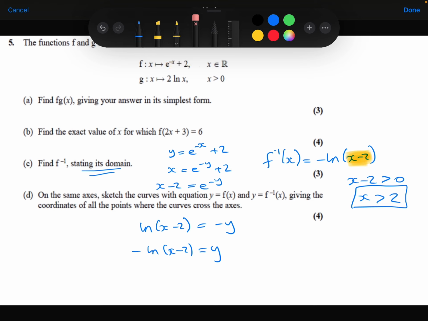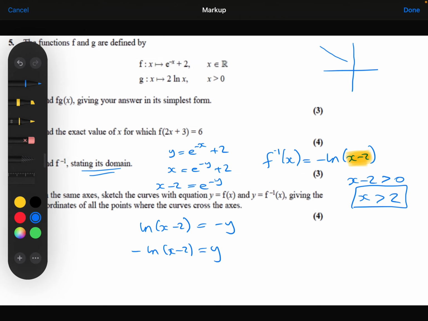Like I say, alternatively, you could have thought of the graph of e to the minus x plus 2. e to the minus x looks like this, going through 1, and also this has an asymptote at y equals 0. So e to the minus x plus 2 will just be exactly the same, but 2 higher.